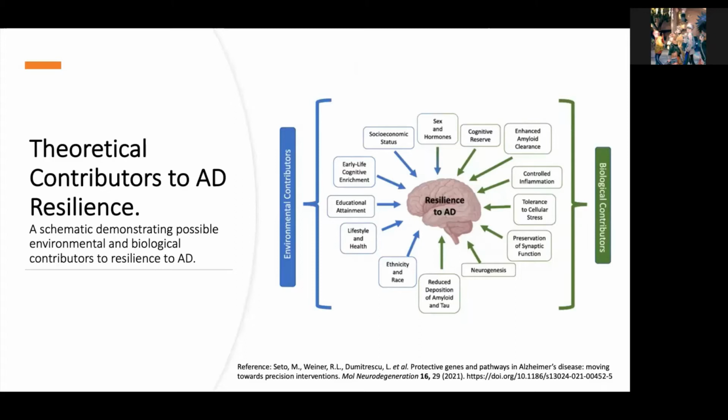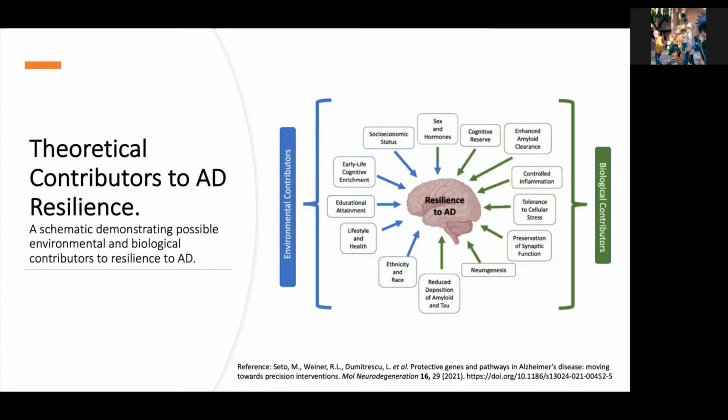One of them is sex and hormones, which is a really current topic for us here. In addition, there is cognitive reserve, which the MMSE test might give us, or educational attainment, like how IQ will affect AD development in later onset of AD.